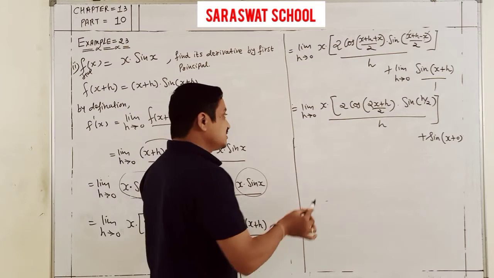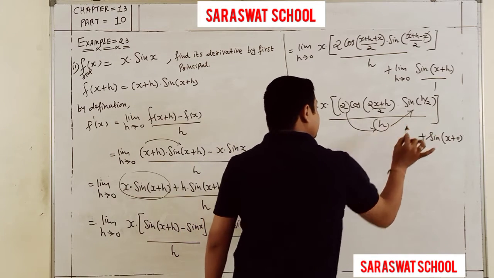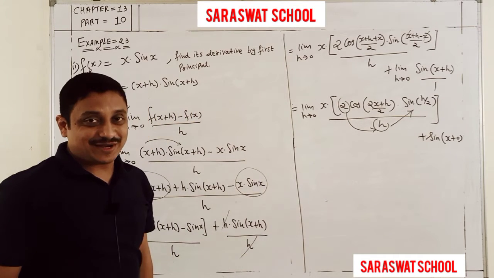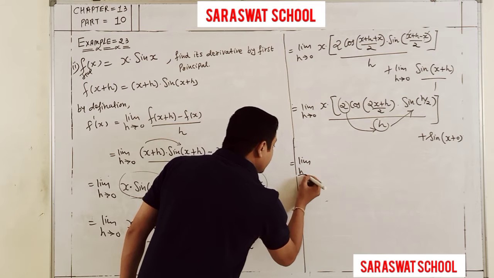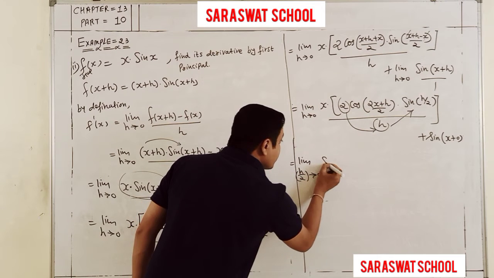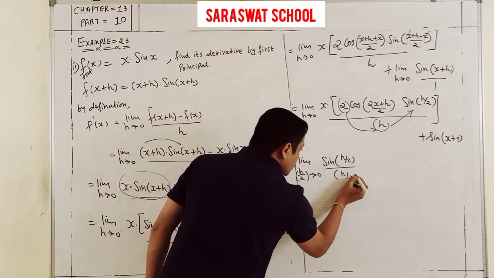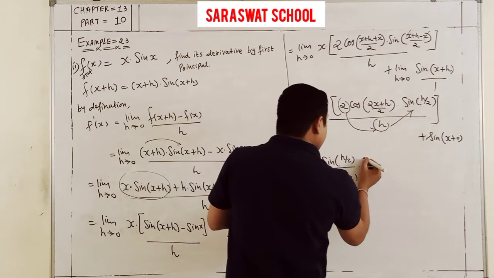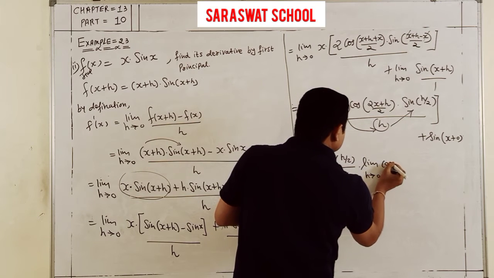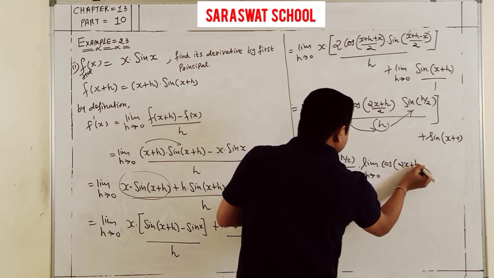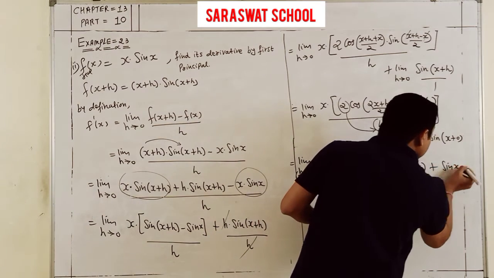Here finally, students, this 2 divides with h and is collected with sin(h by 2), it is 1. So limit h by 2 tends to 0, sin(h by 2) by h by 2, and another is the same, limit h tends to 0, cos (2x plus h) by 2, and that is the only sin x.